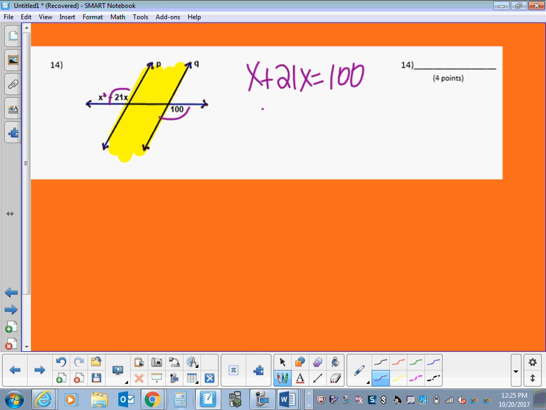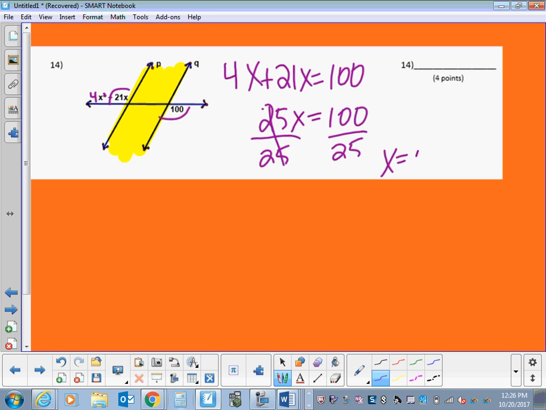Actually, change it to 4x. 25x is equal to 100. Divide by 25, divide by 25. What does x equal? X equals 4. So erase the squared part and just put a 4x. So x equals 4. Any questions on that one?